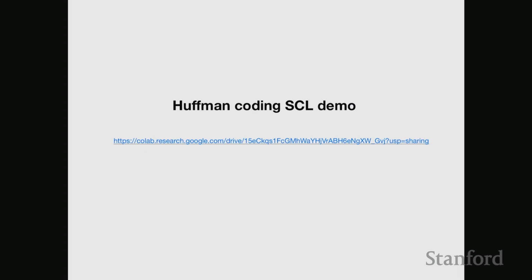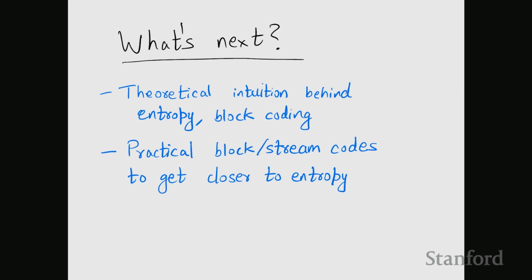Okay, so there are a couple more things about Huffman codes that we will not try to cover today. We will wrap them up in the next lecture. But after we cover those very small topics, the next lecture will mostly be about theoretical intuition behind entropy and block coding. Why entropy? What's the importance of entropy?